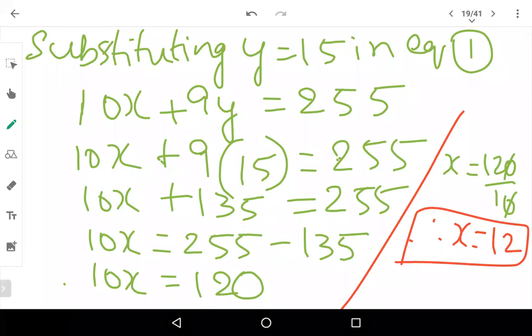Understood? Any doubts in this problem? Rida, 242. For which are you giving me 242? I didn't get that. Okay, good.